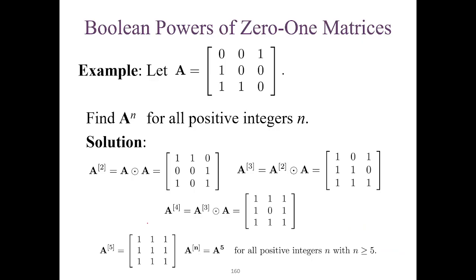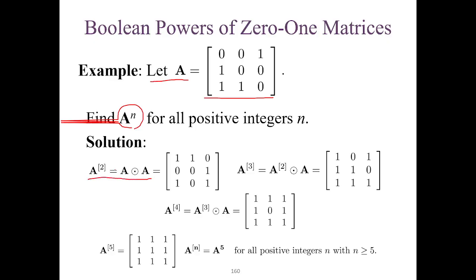Okay, let's see the Boolean power of a 0, 1 matrix. The definition of the Boolean power is just like the calculation of the power of a general matrix. If we have the matrix A like this, and we need to calculate A to the power of n, we can calculate step by step.